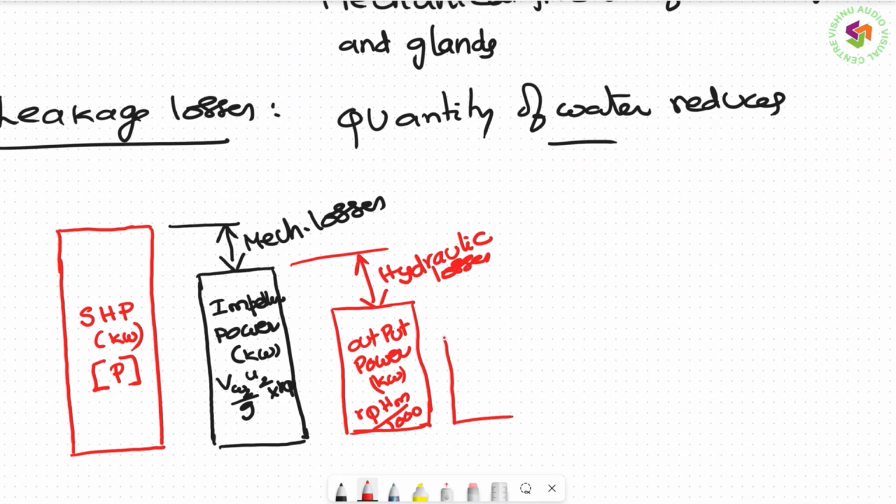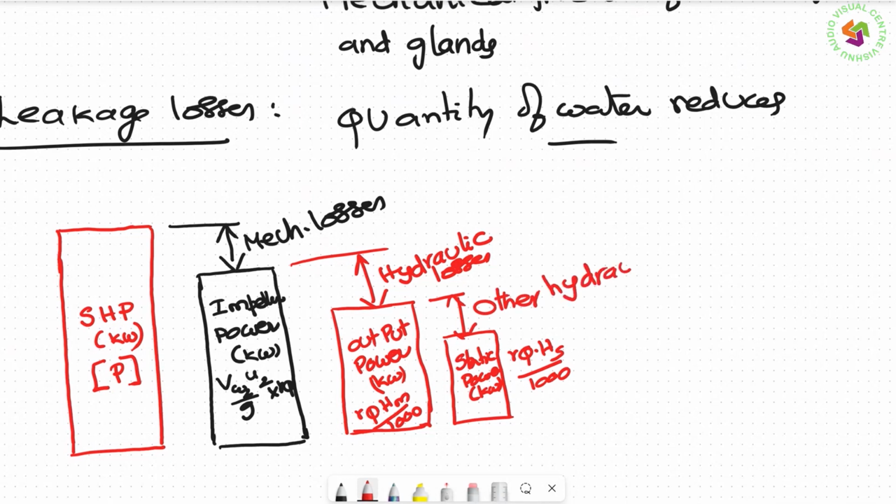This is static power, in kilowatts, and this is nothing but gamma Q into H, static head, divided by 1000. So this is other hydraulic losses, if at all anything. Now you see the figure I have given.